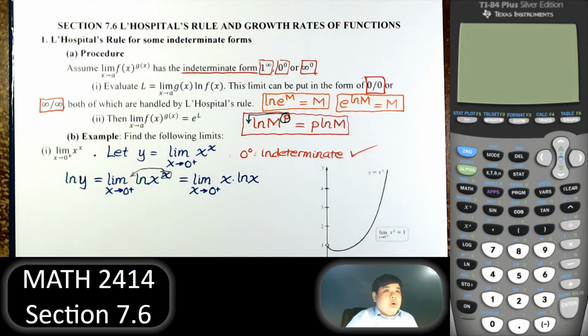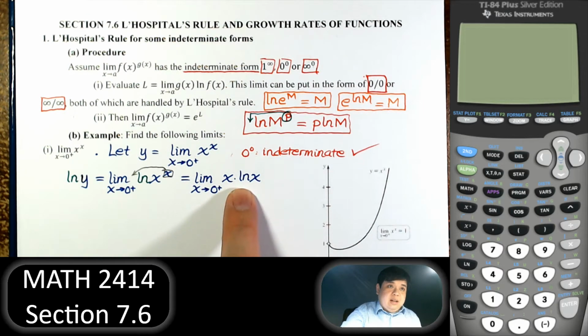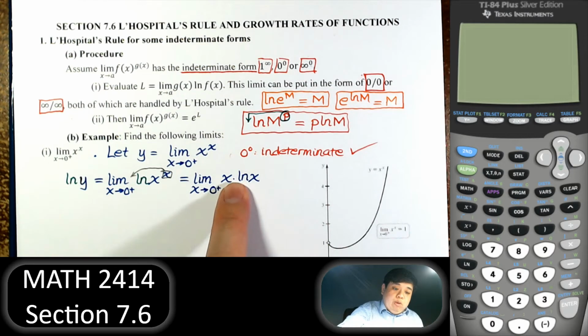And I say ratio instead of quotient, because that is definitely not the quotient rule. Bottom line is we need a ratio. So how do we do that? We have a product instead of a ratio. If we move one of them down to the bottom and change the power to negative, that will take care of it. Now we will move the x down to the bottom and make that negative.